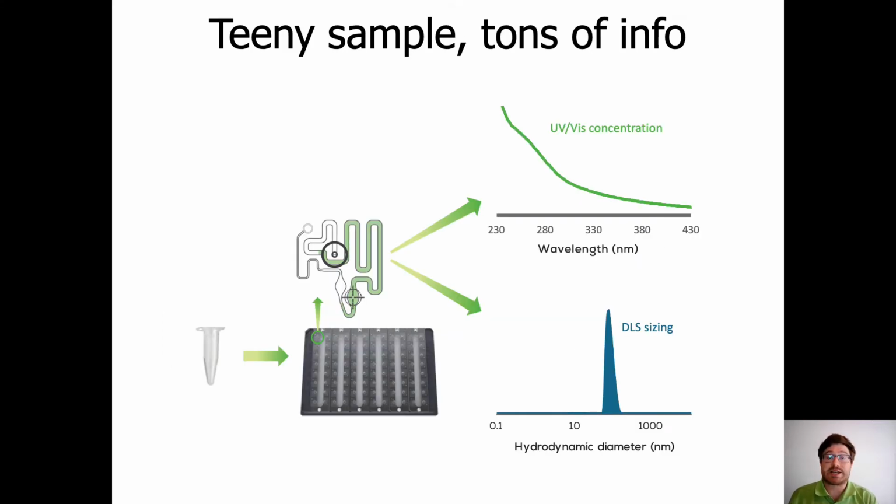Stunner contains two technologies to read each sample, UV-Vis for concentration and DLS for sizing. Simply add 2 microliters of nanoparticle sample into the input well, and it's pulled into the microfluidic reservoir. At this step, the sample can sit for up to 2 hours before reading, with no evaporation. After the plate is loaded into the instrument, the circuit is read first when it's empty, and that will remove any absorbance contribution from the plastic.